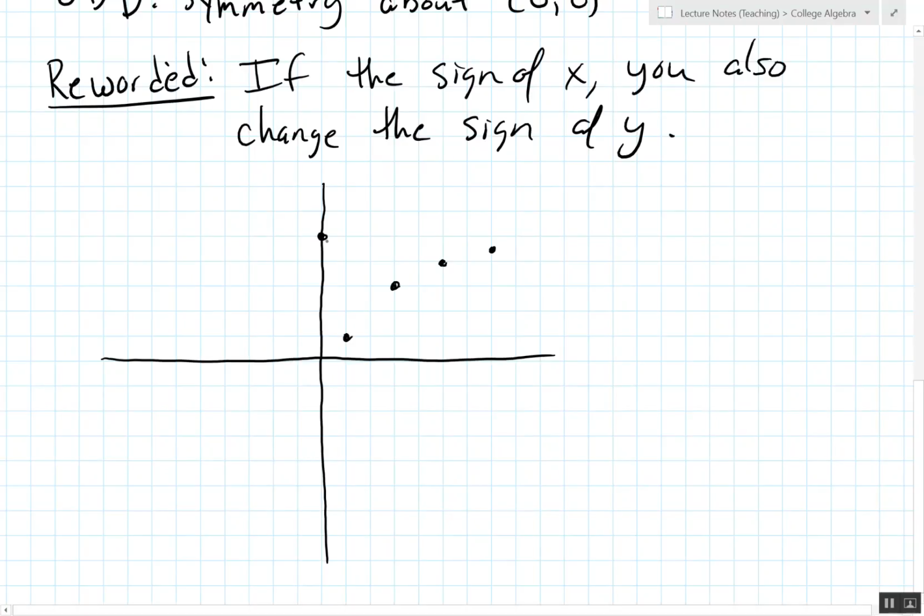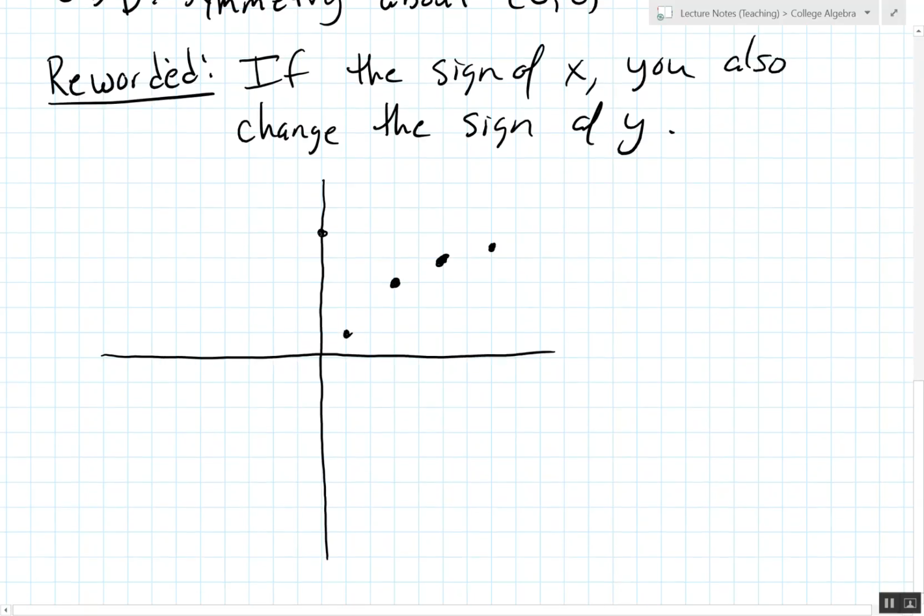This function is going to do something like this, come back up, keep going like this forever. That wasn't very good, so let's try that again. I'll come down here, at that point come up, there we go. That looks better.